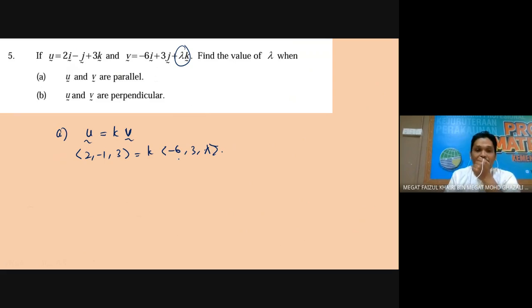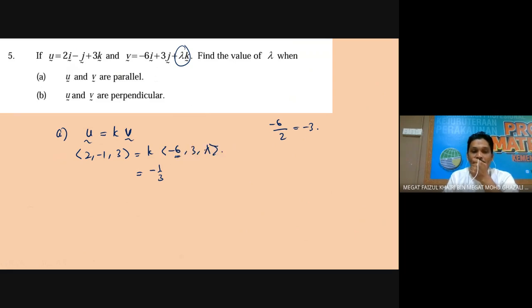Okay, so now look at this. -6 divided by 2 equal to -3.